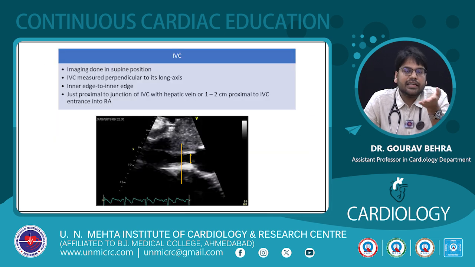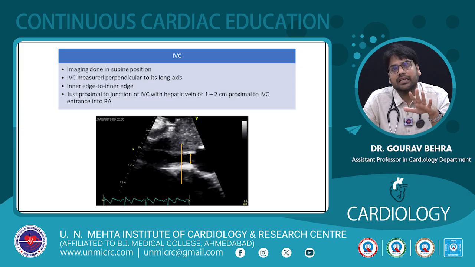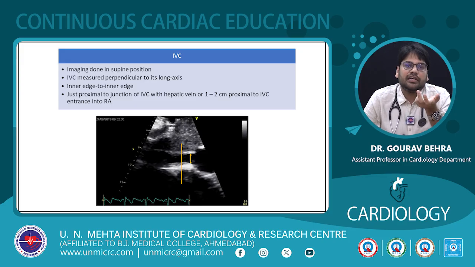Now, as earlier we were talking about IVC, there are certain things you should keep in mind. Imaging is in the supine position, and the measurement should be taken perpendicular to the long axis. You have to take the inner edge to edge diameter just proximal to the junction of the IVC with the hepatic vein. It is better to select 1 to 2 centimeters proximal to the entrance of the IVC into the RA.